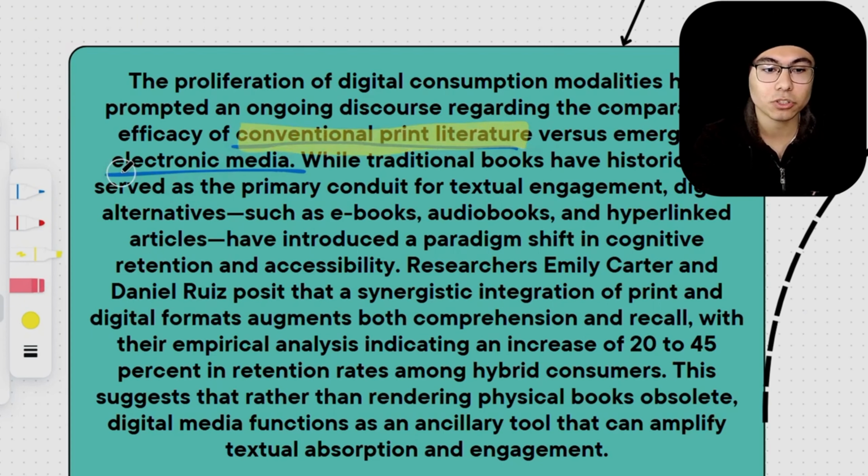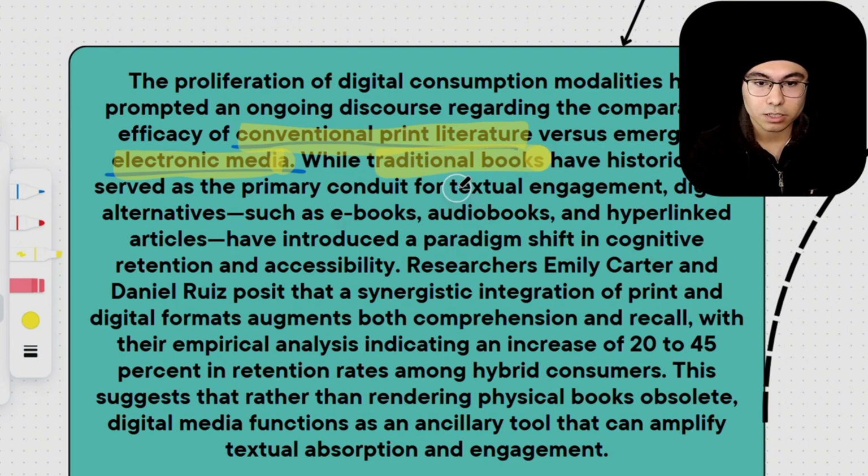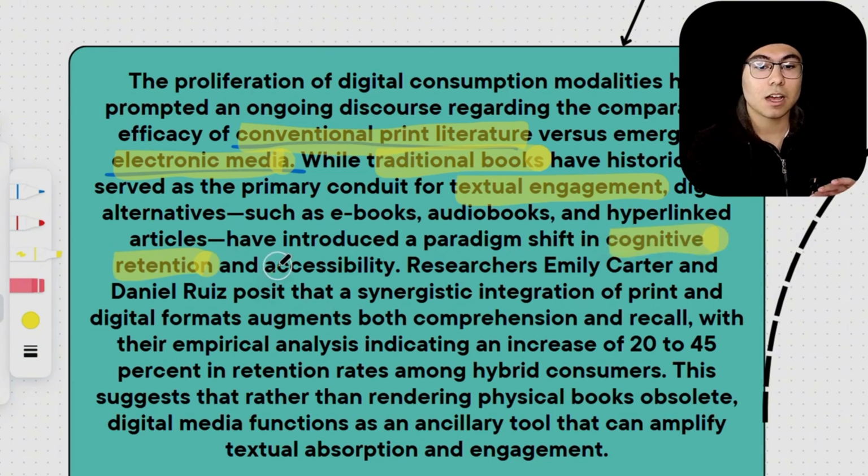The first one is conventional print literature, and the second one is emergent electronic media. So while those traditional books are for textual engagements, digital alternatives such as ebooks, audiobooks, and hyperlinked articles have introduced a shift in cognitive retention and accessibility. So it says the benefits of both of these methods, both traditional ones and digital ones.